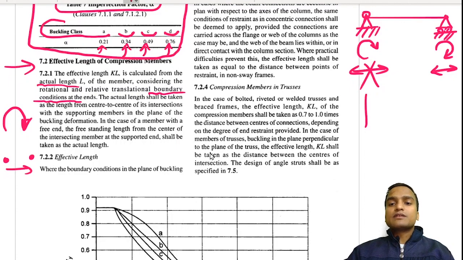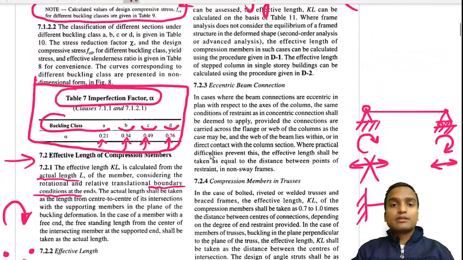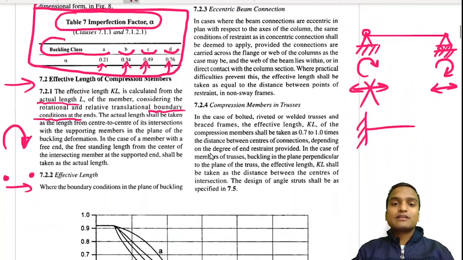Similarly, if there is support condition like this, fixed support, so at fixed support there is neither rotation nor translation. So that's why effective length depends on the type of supports that we have provided at the end of the columns. So effective length we can calculate from which table? Table number 11, and I will be showing you also, all right.